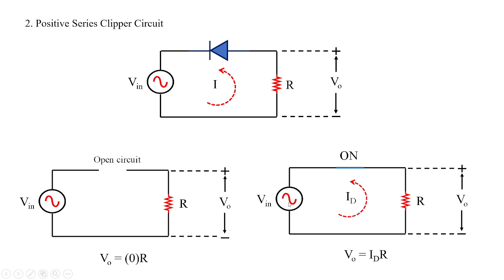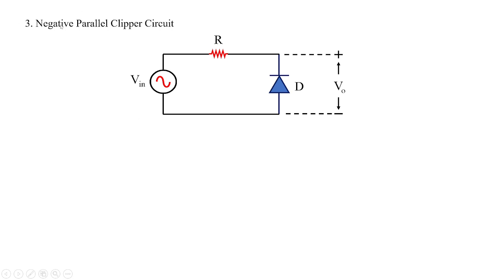That is how we receive the voltage across the resistor. For this input signal, this is the output signal: the positives are off and the negatives are on. Since the positive is off, it is named the positive series clipper circuit.